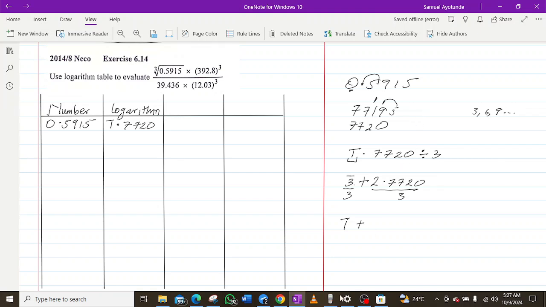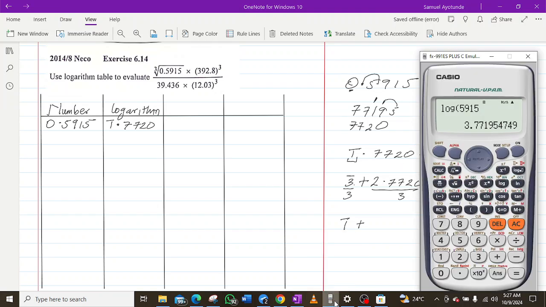We can evaluate that with calculator. 2.7720 divided by 3 is equal to 0.924.